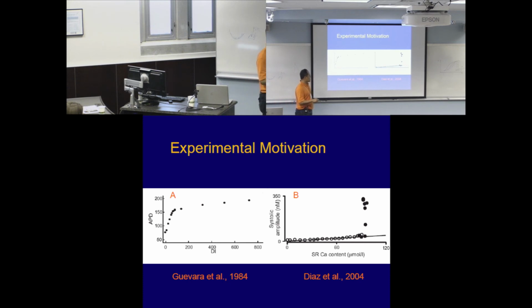The one-to-one response is represented by open circles. They almost lie on this straight line. And when the response is alternans, some points are on the original curve, and some points are on another curve with a steep slope.